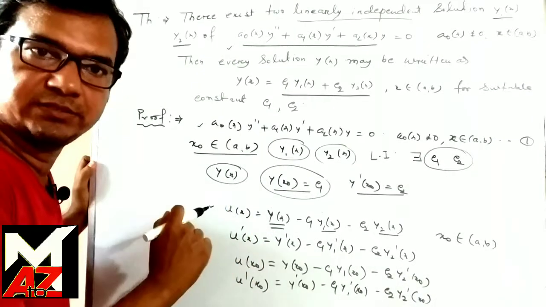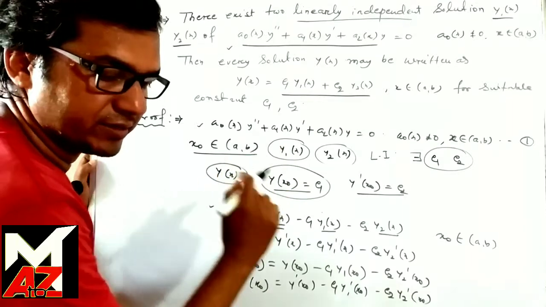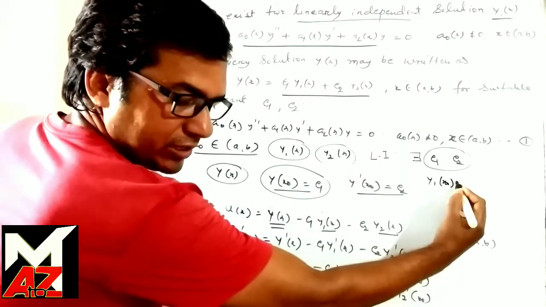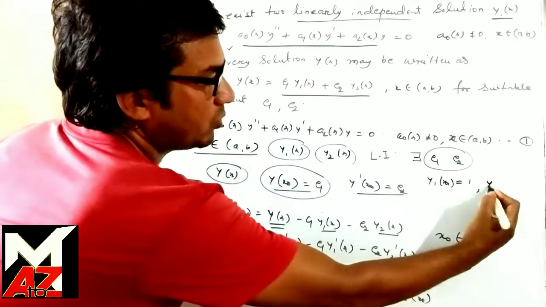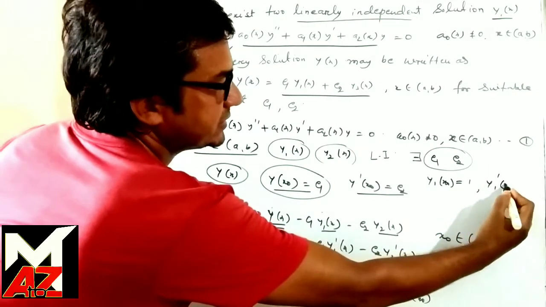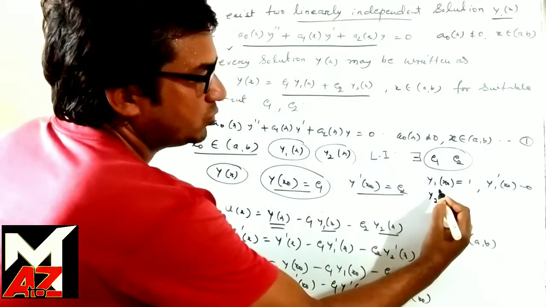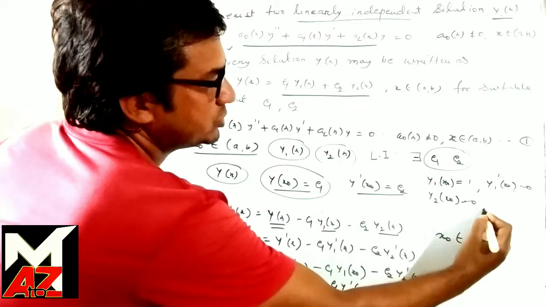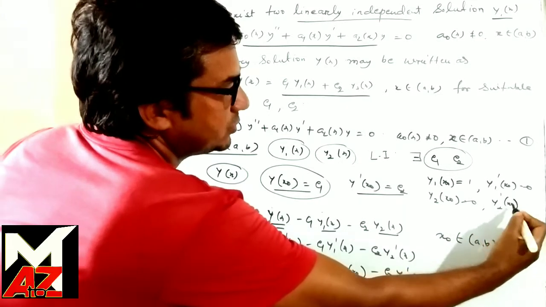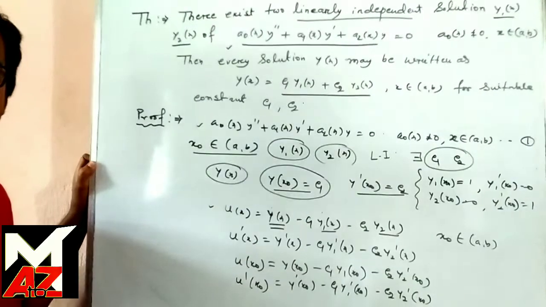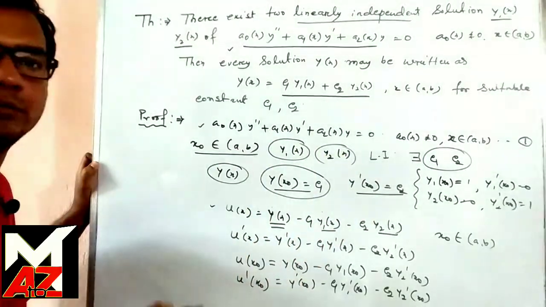In the first case, we take y1 x0 equal to 1, y1 dash x0 equal to 0, and y2 x0 equal to 0 and y2 dash x0 is equal to 1. This result is also required for this case.